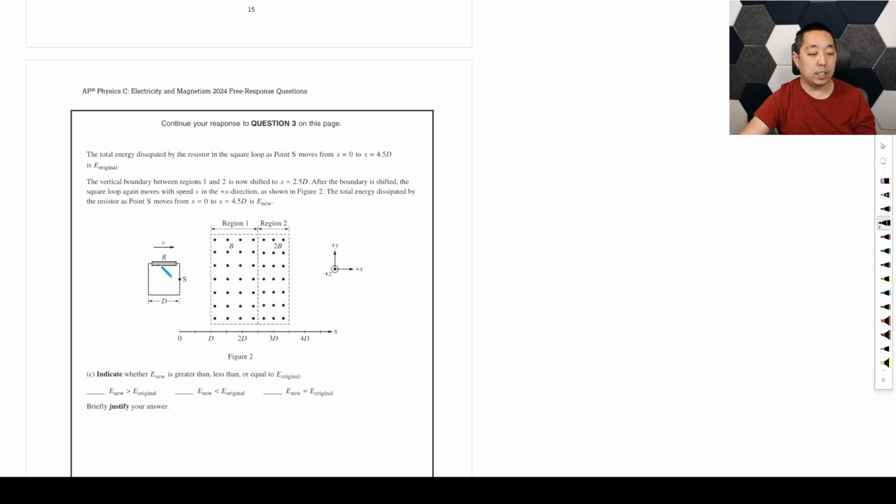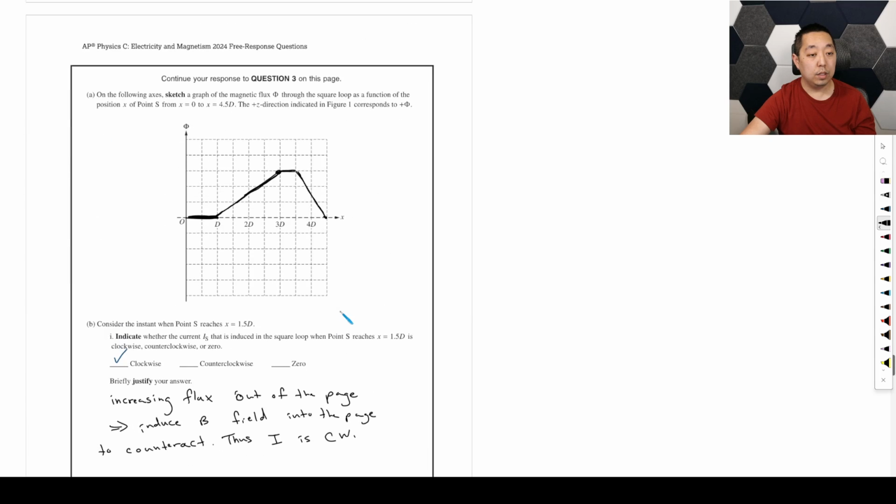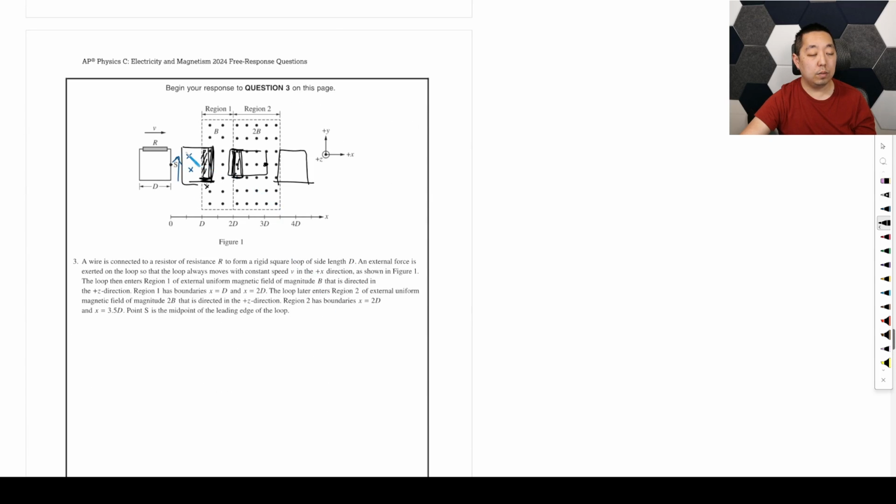So all of the energy actually occurs when we are changing the flux. So as we enter this region, I think it's going to be the same. Let me take a look at the original picture. So what happens is we enter in the region and we are fully enclosed in here.